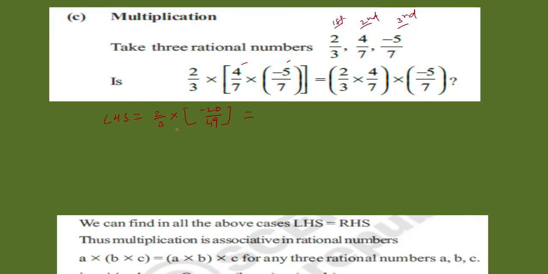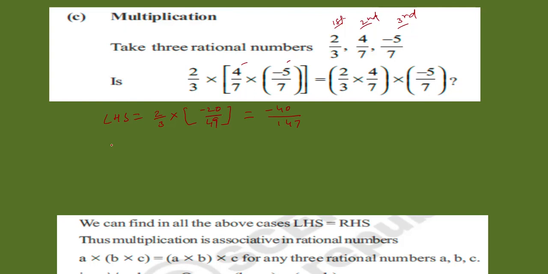Now again you observe. In the numerator, you multiply both numerators. 2 into minus 20, that is minus 40. In the denominator, 3 into 49, that is 147.